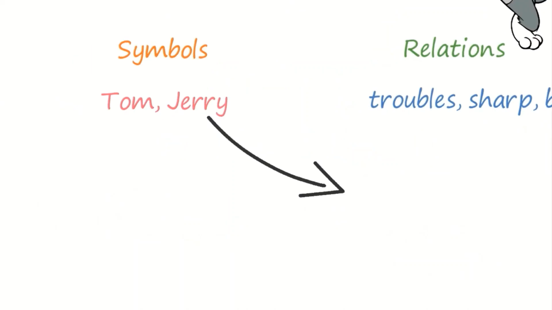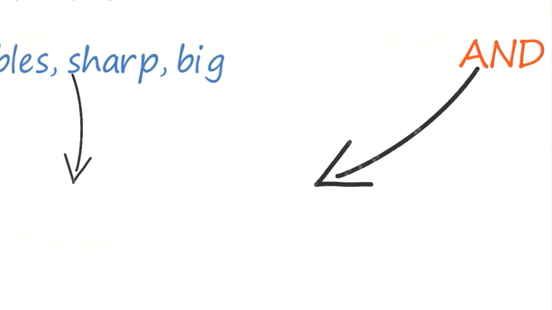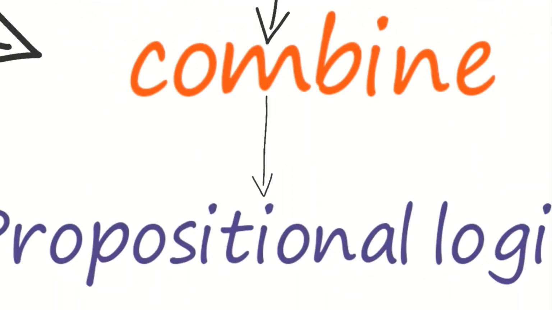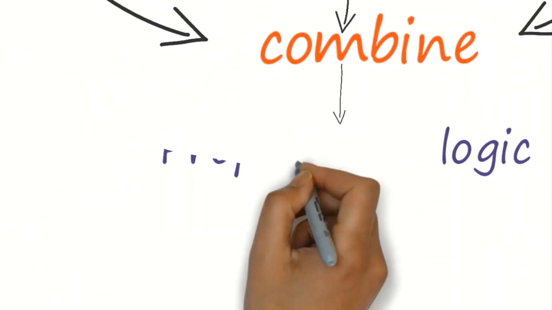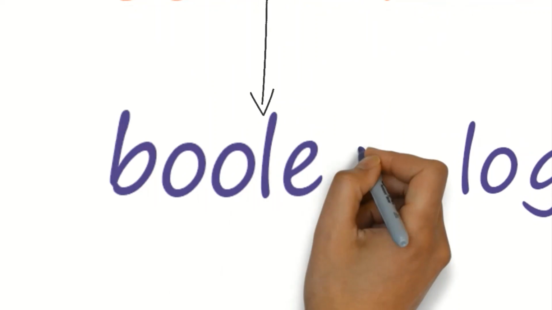Now, Tom and Jerry come under symbol, troubles, sharp and big come under relations, and is a connective. We combine this to create propositional logic, and Boolean logic is another name for propositional logic.